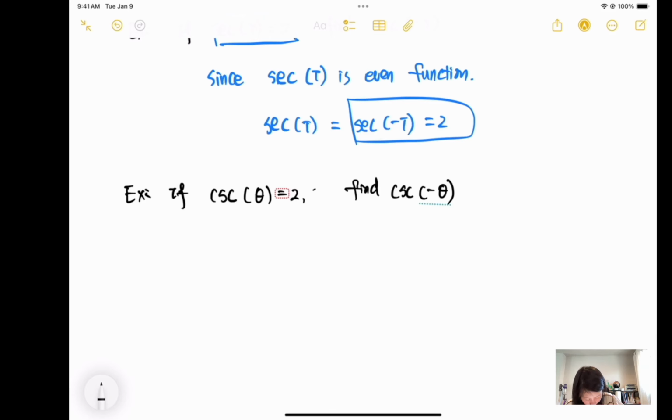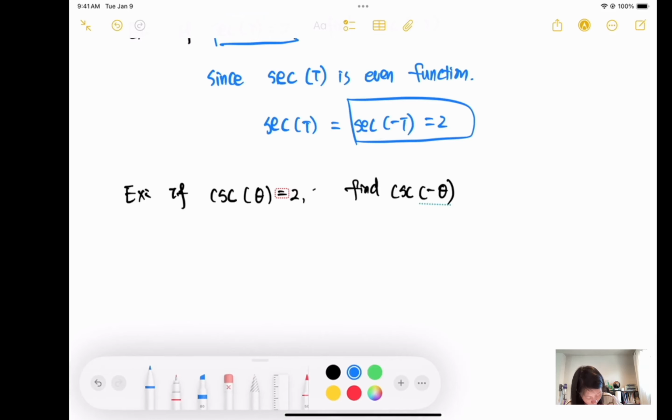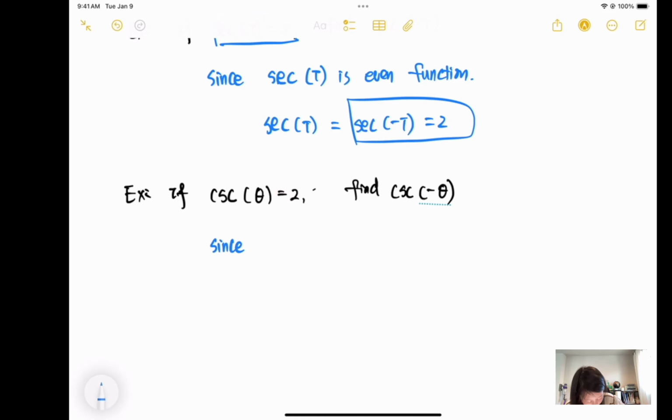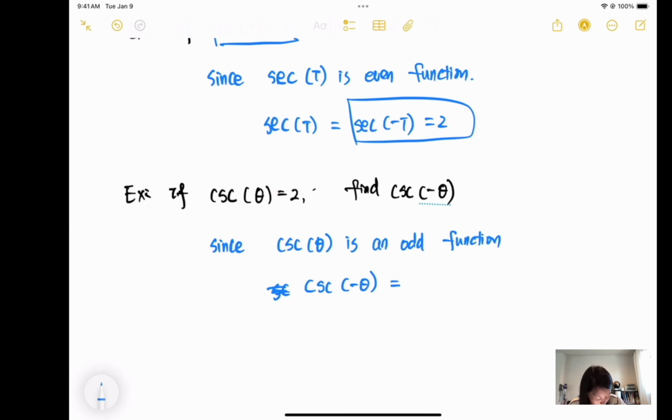So here's our solution. Since cosecant theta is an odd function, that means cosecant negative theta is equal to negative cosecant theta, right?